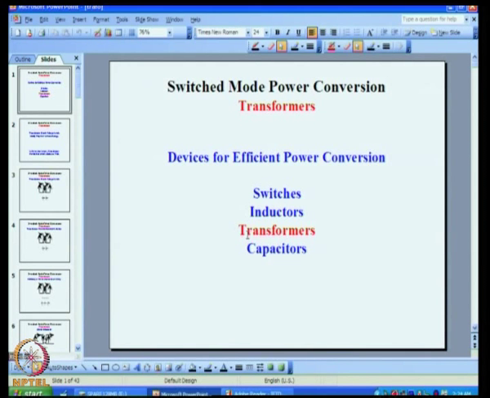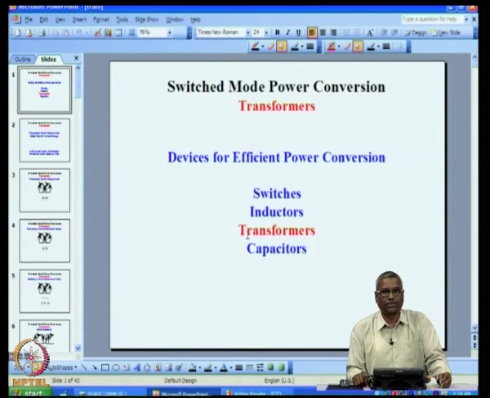In this session, we will continue with what we have seen before on the devices that are used for efficient power conversion. We had seen in some of the past sessions the devices such as the electronic switches and the inductors, which are lossless devices used for efficient power conversion.